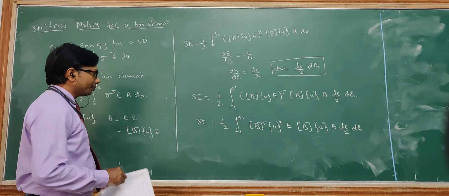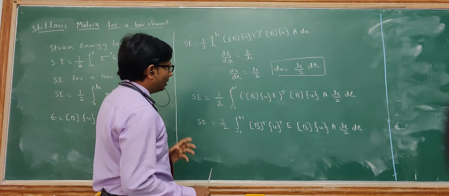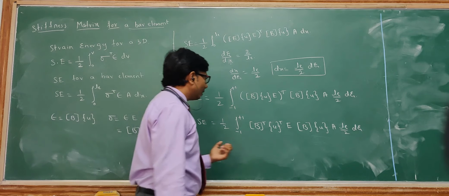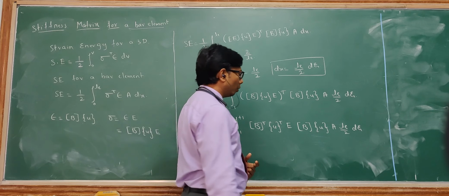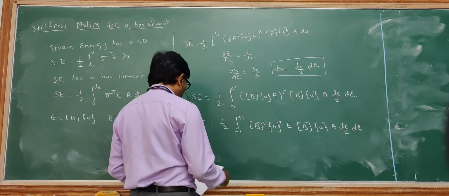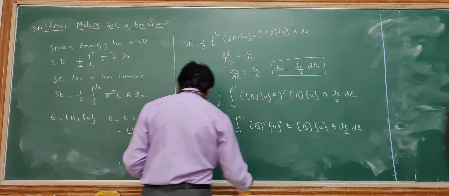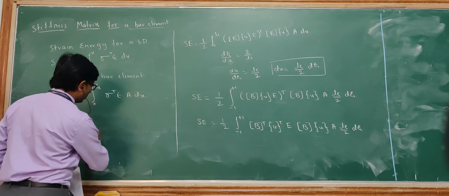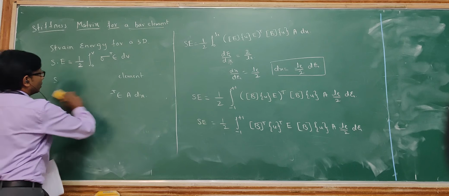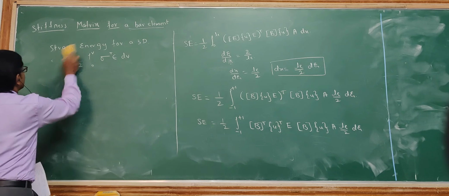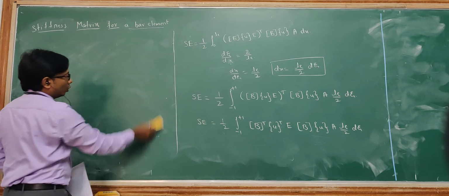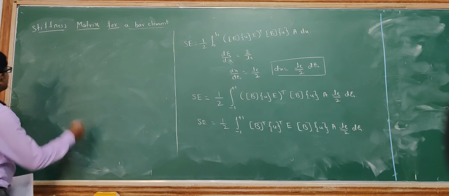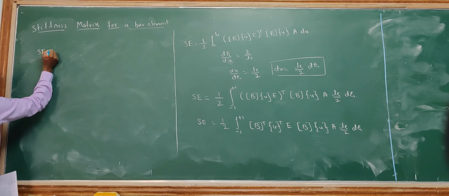Now from this I will try to get a stiffness matrix parameter. Just observe how we are doing this. I am just rearranging the terms to get the stiffness matrix equation. Strain energy is equal to half.